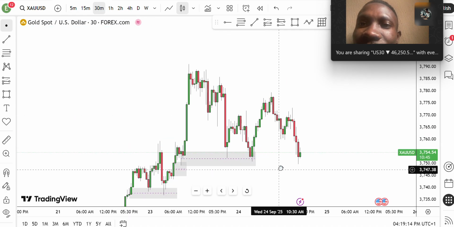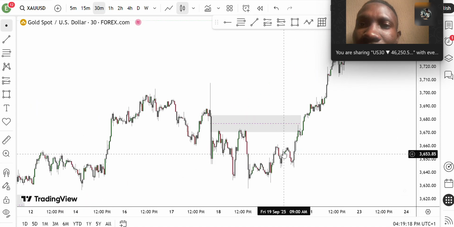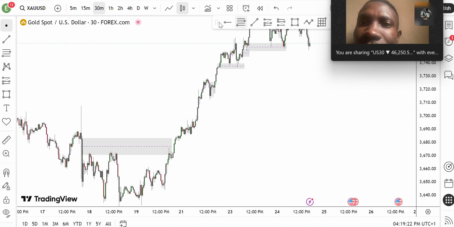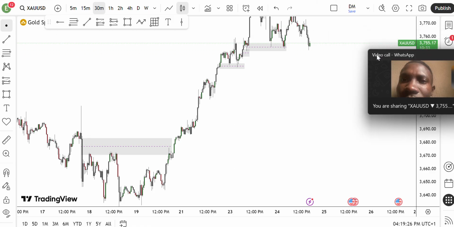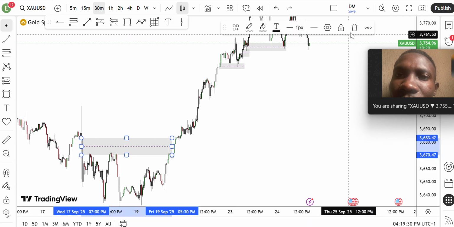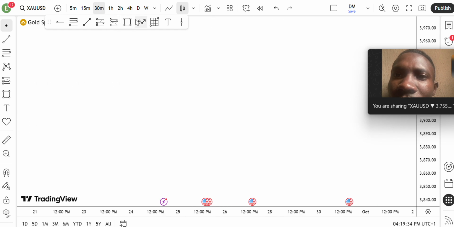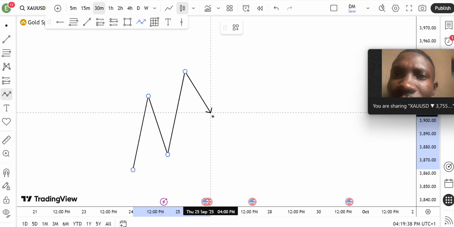Okay, so let's just talk about imbalance and breakup blocks and let's wrap it all up. Let's not waste too much time. So imbalance will occur whenever price is unable to balance a particular structure.